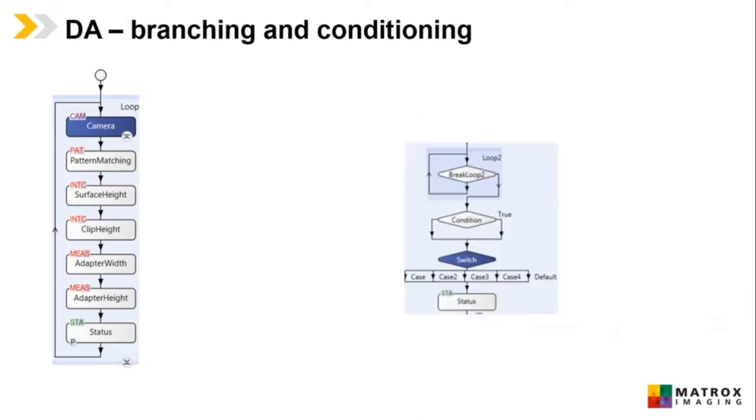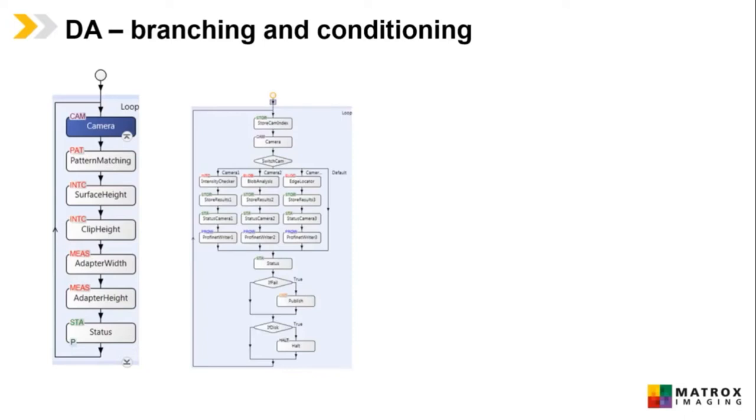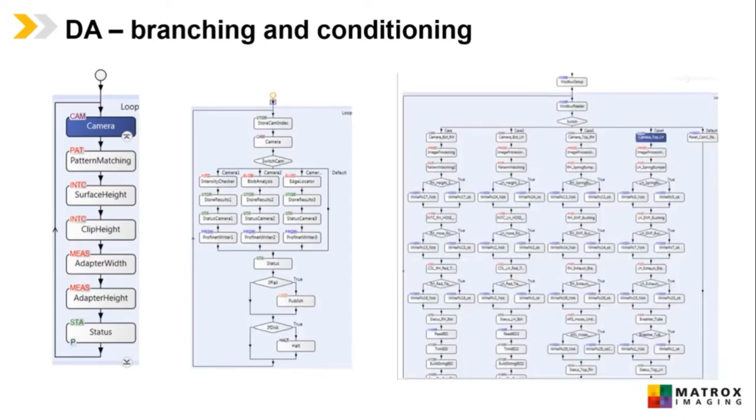But in Design Assistant, we have a few branching and conditioning objects that can be plugged into your flow that will enable you to build fairly advanced applications, right? For example, coming in from a branch and then depending on the result, branching out to other branches and applying different tools depending on that first option, right? So again, very advanced projects can be built with our flowchart interface.